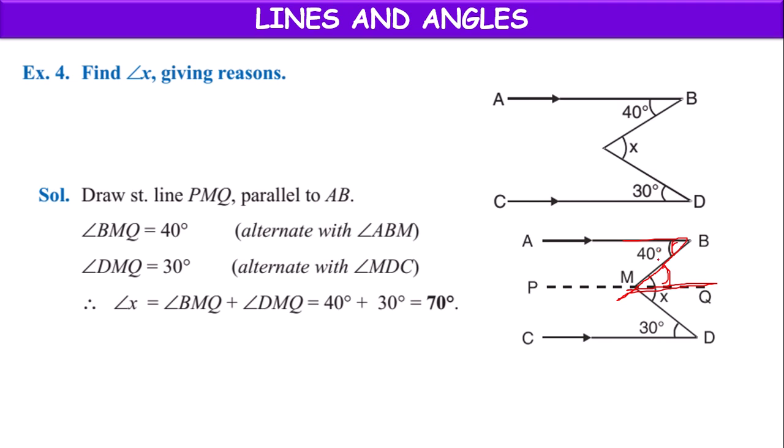If this is 40 degrees, this part will be 40. And if PQ is parallel to CD, if this part is 30, this part also looking like letter Z, these two will form alternate angles. If this part is 30, this part will be 30. So this above part will be 40, this below part will be 30. But angle X means this total part, 40 plus 30, which is equal to 70 degrees.